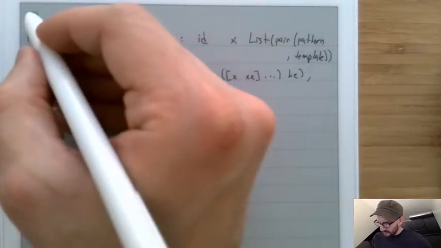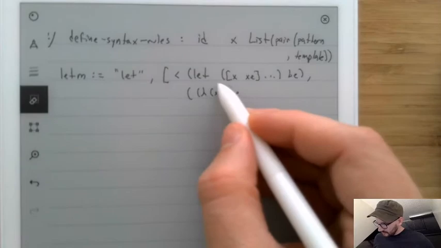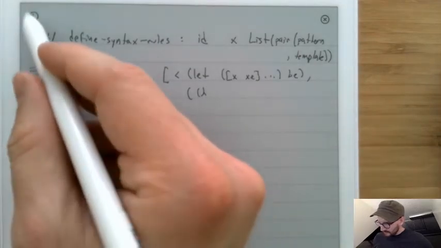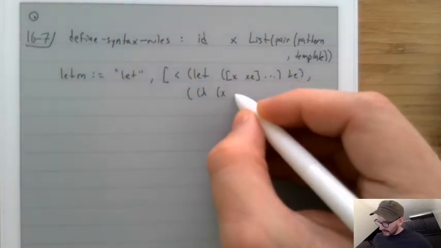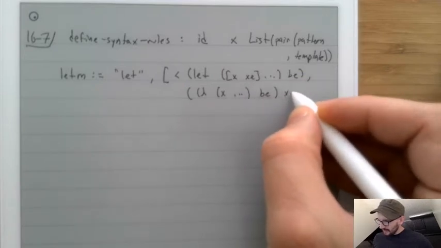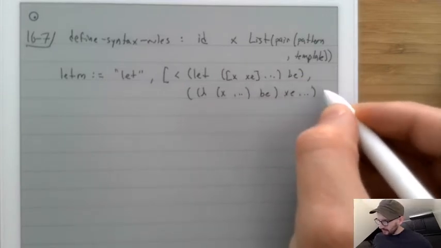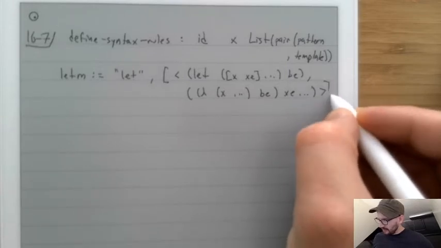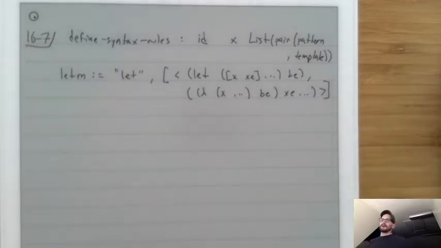Sorry, there should be a dot dot dot there. Let me erase. X dot dot dot be xe dot dot dot. Close this parenthesis, close the pair, close the list. Okay?